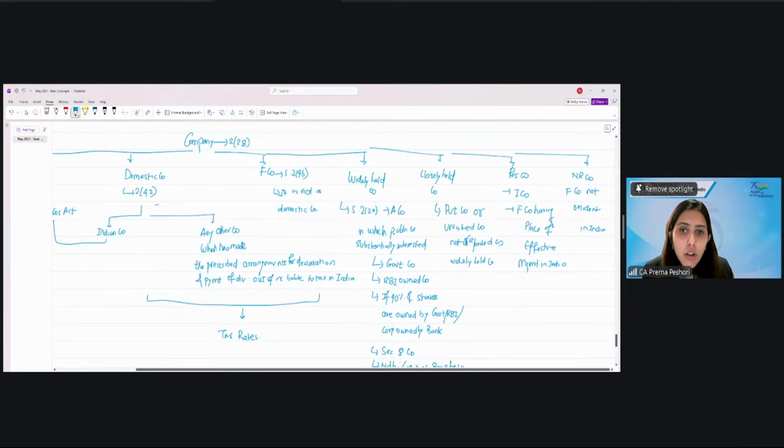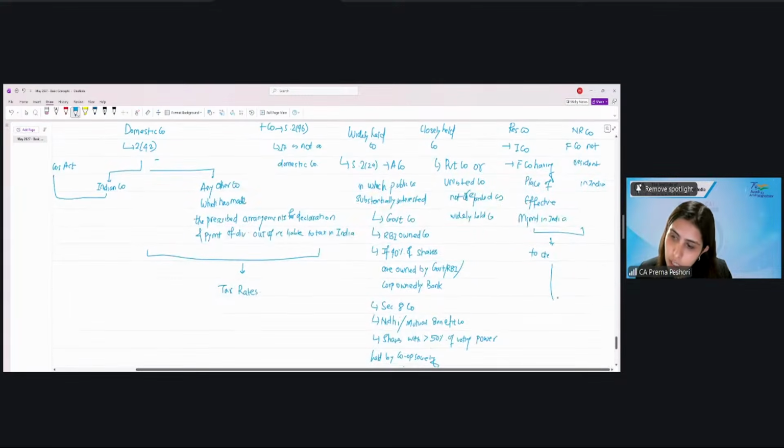Distinction between a resident and non-resident company to determine the residential status and to therefore decide the scope of total income. Right?